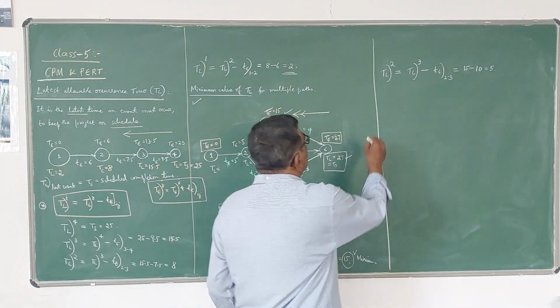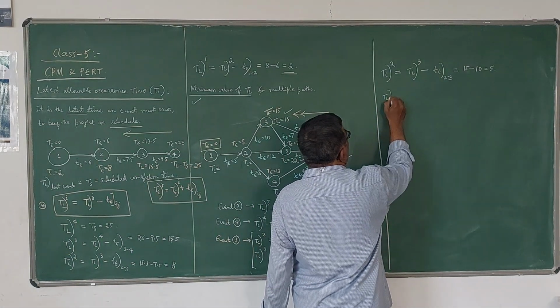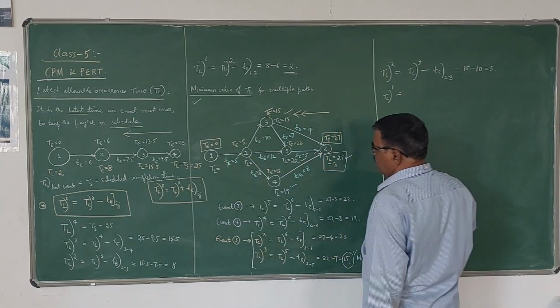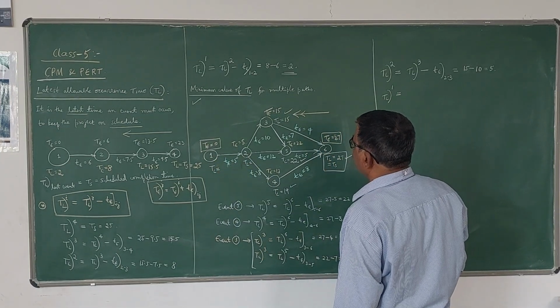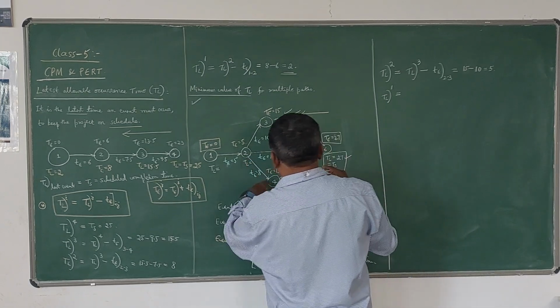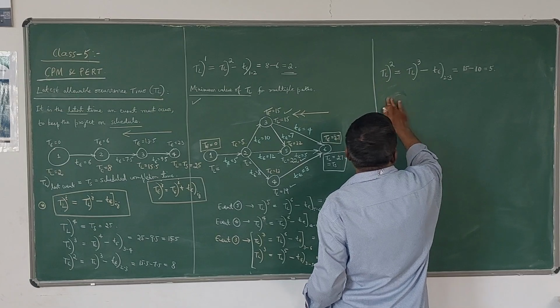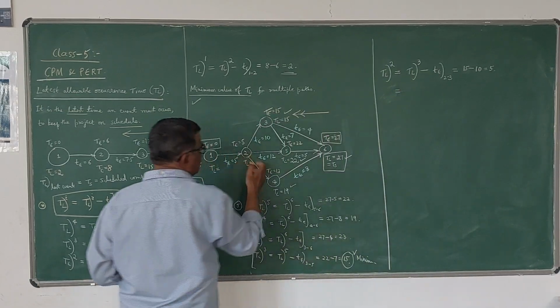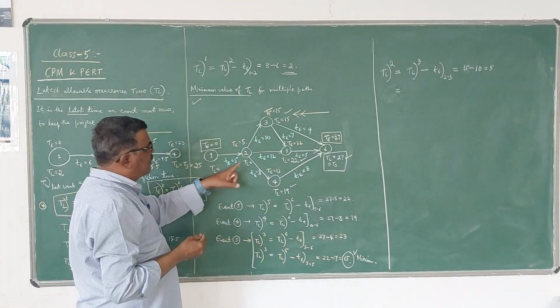Next, coming to 1. So TL of 1 is equal to, there is only one arrow. Oh no, for 2 you have one from 4 also. So you should be careful here. TL2 will also have 2 values, because 2 arrows are coming and meeting at 2.